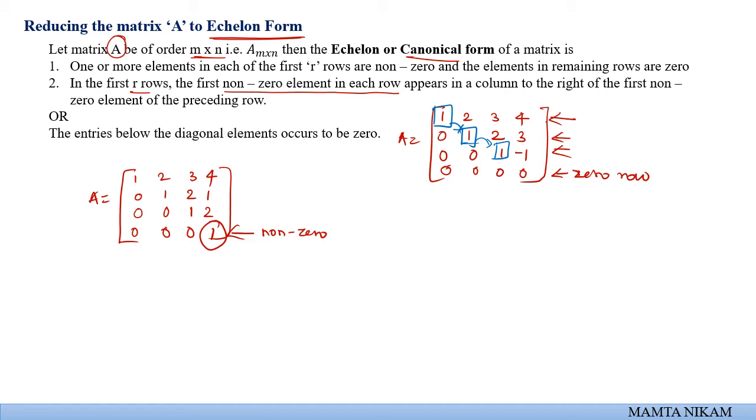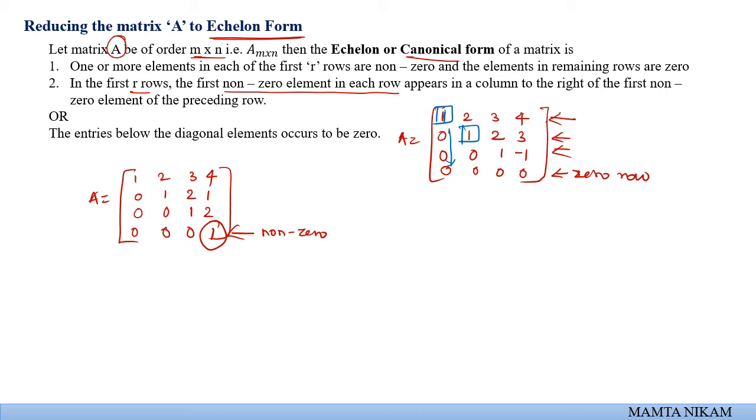You can also remember one more trick: in a given matrix, the first element is non-zero, whereas all the elements below it are zero.